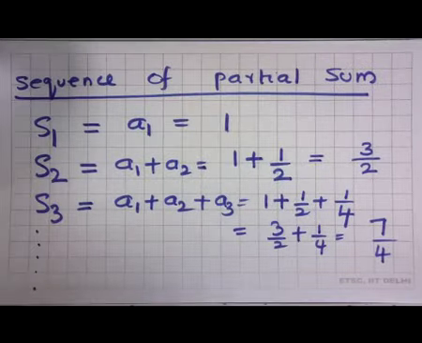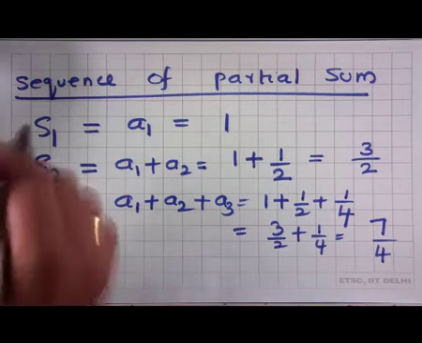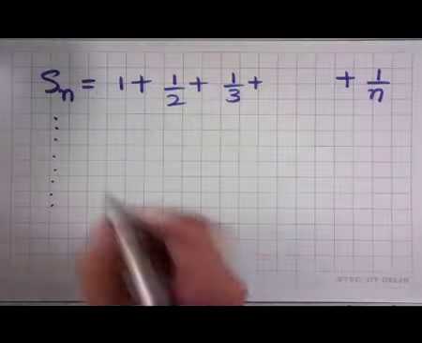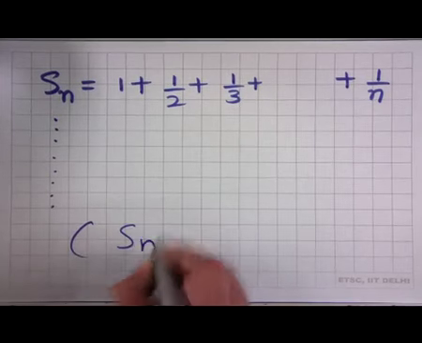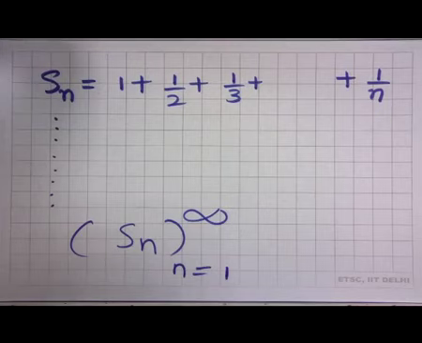To answer the question whether the given series is summable, convergent or not, we have to see whether this sequence Sn, n equal to 1 to infinity, is convergent or not. Let us try to observe a pattern.